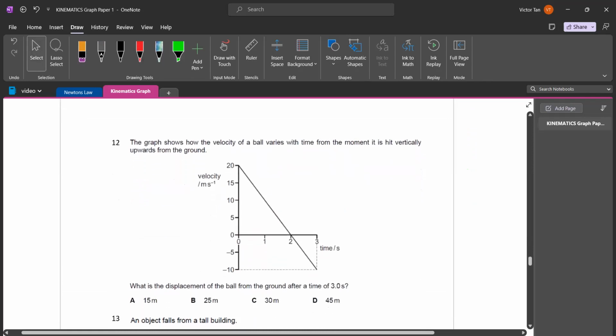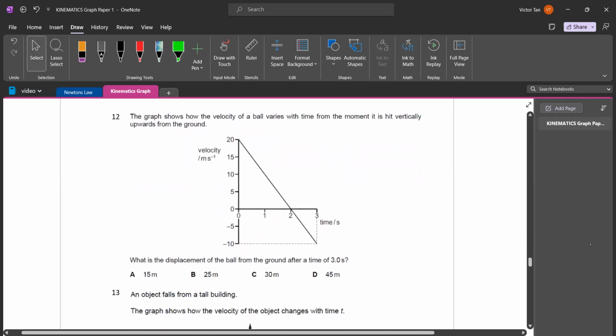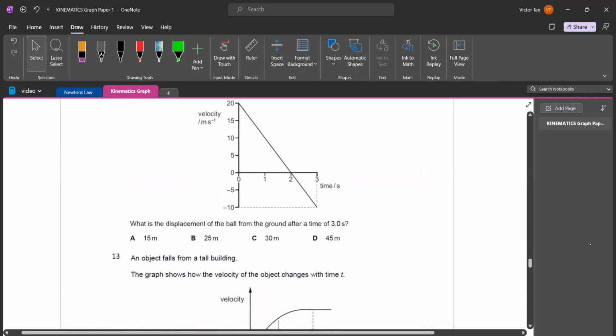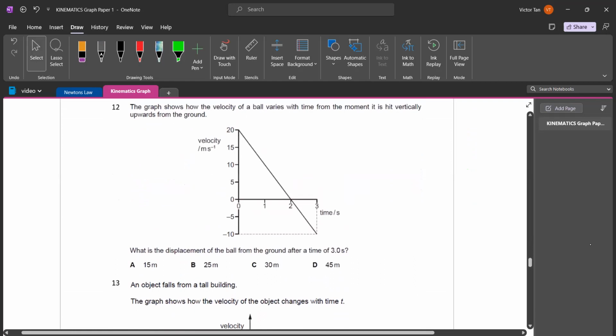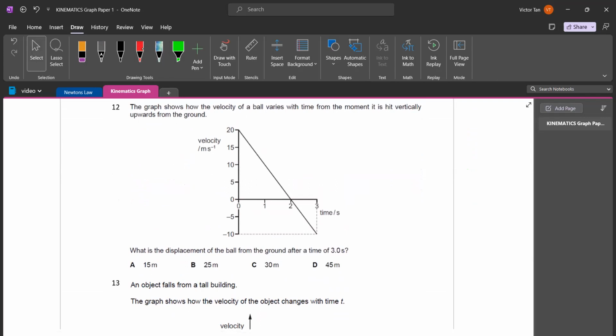The graph shows how the velocity of a ball varies with time t from the moment it is hit vertically upwards from the ground. What is the displacement of the ball from the ground after a time of 3 seconds? So you're talking about displacement. Excuse me, there's some technical error. Okay, never mind, you just use the green. So the displacement above the graph is positive, and the displacement below the graph is negative.